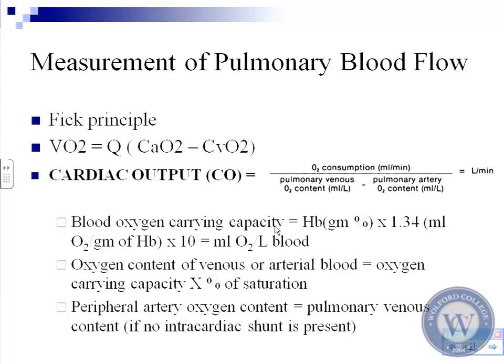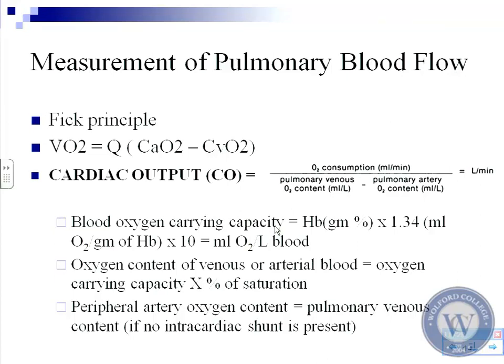That's your hemoglobin times 1.34 times 10. We'll give you all those values in a minute. The oxygen content of venous, I'm not going to worry about this equation right now. Just don't worry about the Fick equation. If you're interested when we get to clinical, I'll be glad to sit down with you and play with this stuff. Is it too much for you to know at this point? Yes.